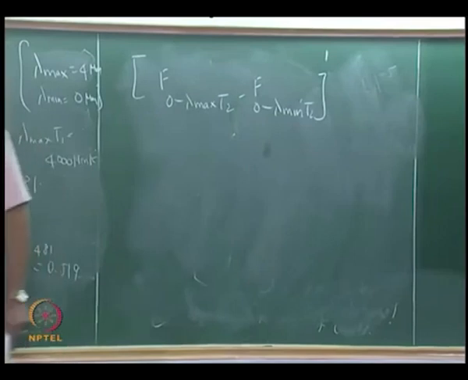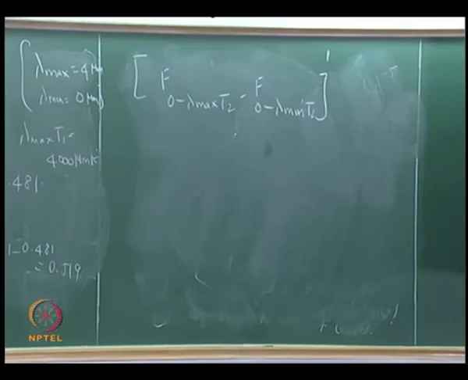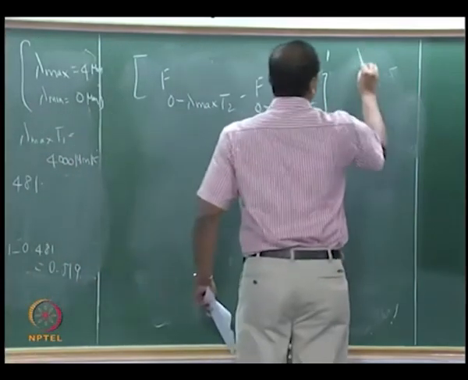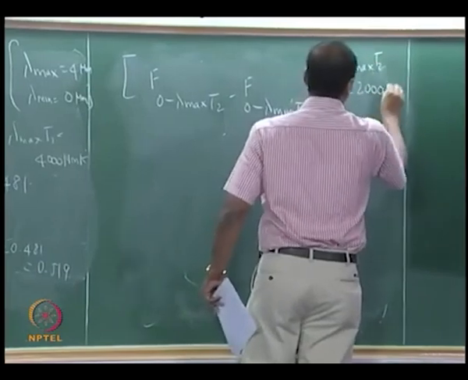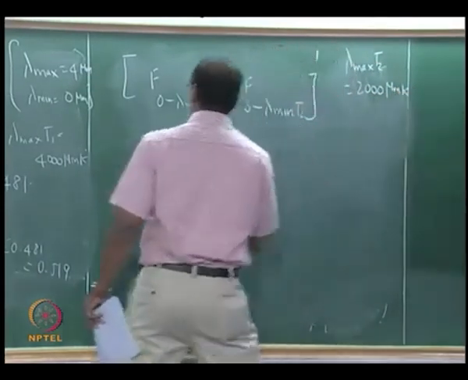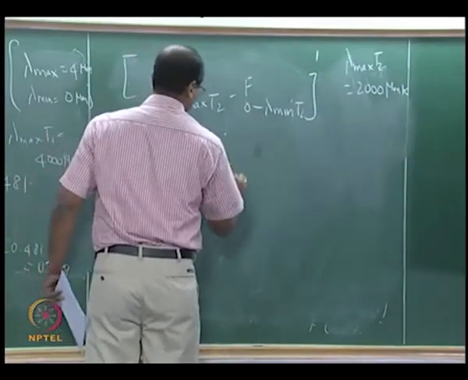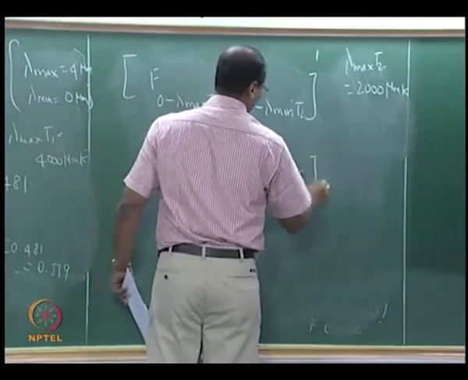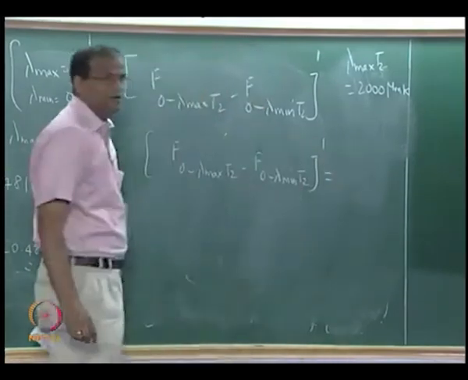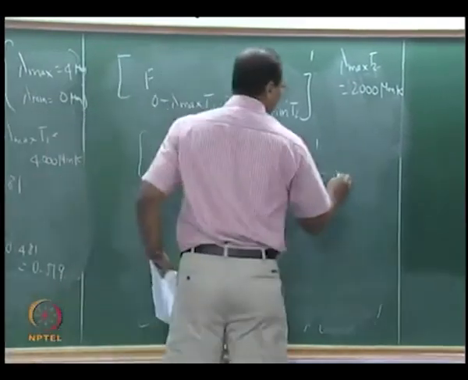Now I have to do that for the T2, first band. So what is the story there? Lambda max T2 equal to 2000 micrometer Kelvin. Therefore, that is F of 0 to 2000, how much is it? 0.061, very good.